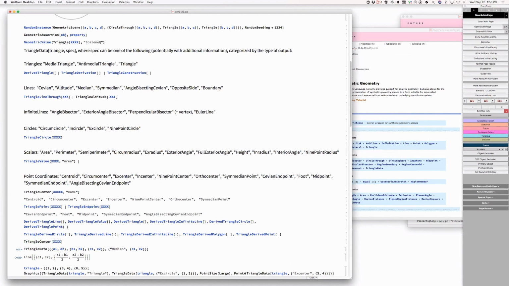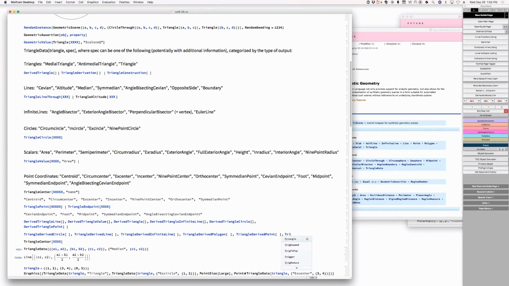I think so too. Because centroid, circumcenter, orthocenter is very big. Fine. Then I think we could potentially have triangle center be a separate thing, a special case of triangle derived point. Okay, so the one remaining thing, then, we've got triangle derived value.